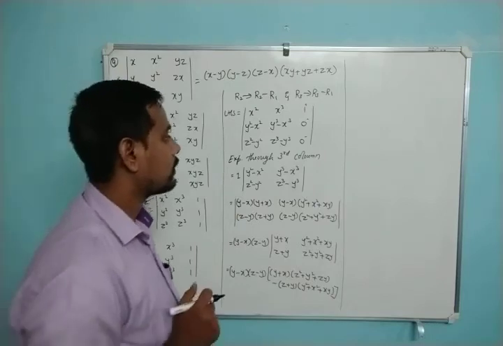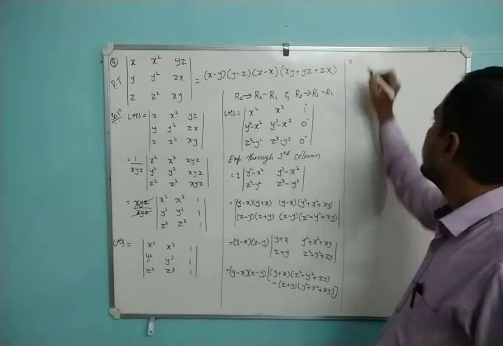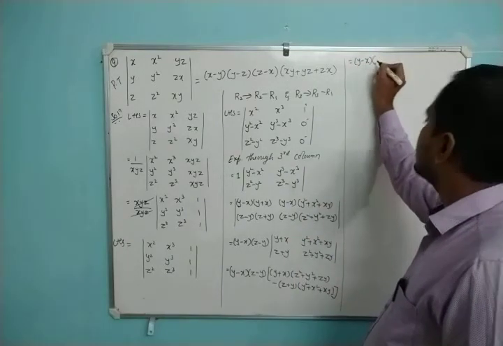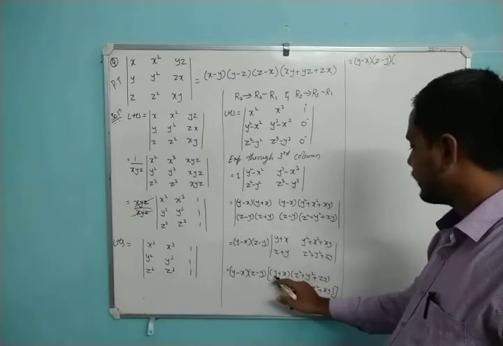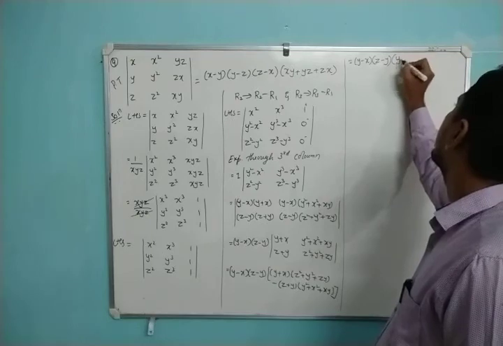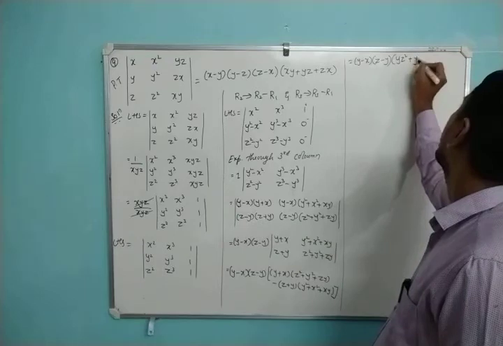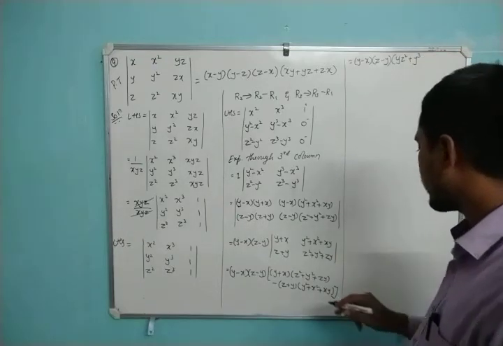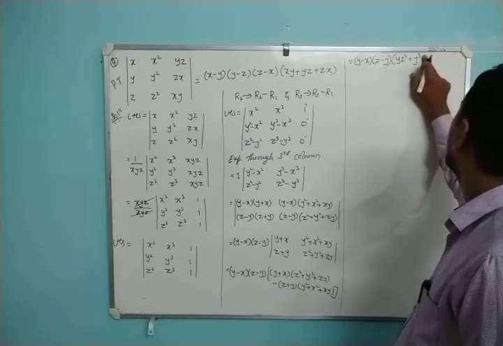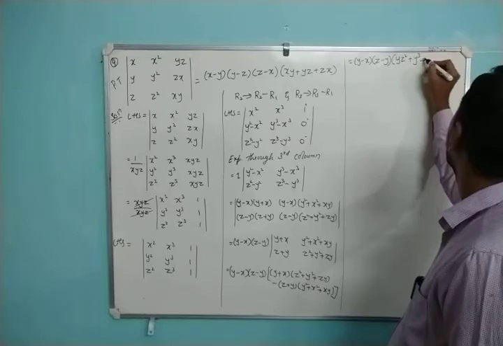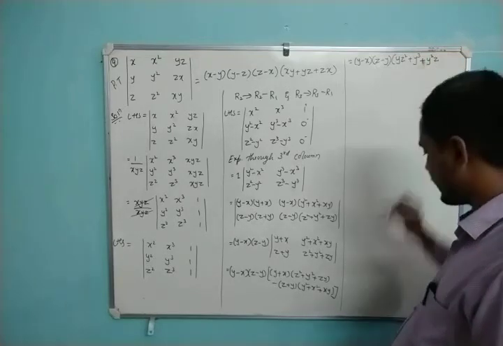Okay. So now if I expand this, what will I get here? Y minus x into z minus y as it is. Here y into z square, yz square, y into y square, y cube. Okay. Y into zy, so plus y into zy is y square z.